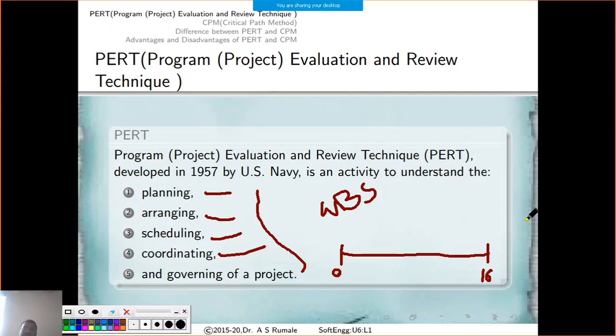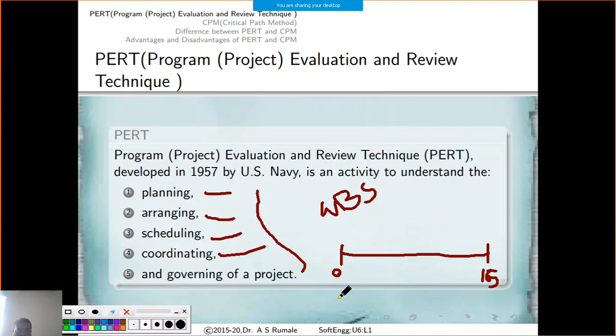4 weeks is equal to 1 month, so you are having 16, actually 15 weeks here, because the 0th week, if you go with computer engineering, is 0 to 15, that means 16 weeks of time is given. So within 16 weeks you are required to finish the project.